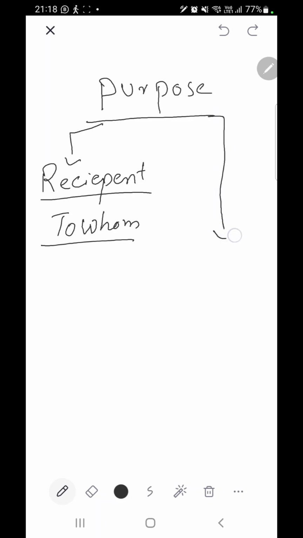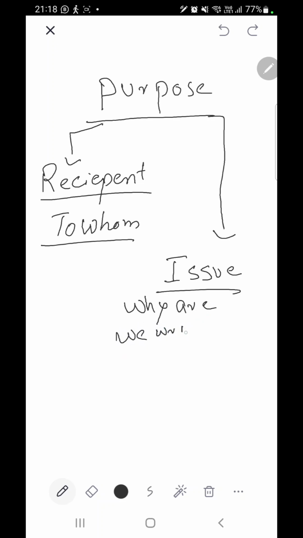The second thing in the purpose is your issue, or why are we writing this letter, right? So these are the two things that you have to see: the recipient, and why we are writing this letter. This is what we call purpose of writing.